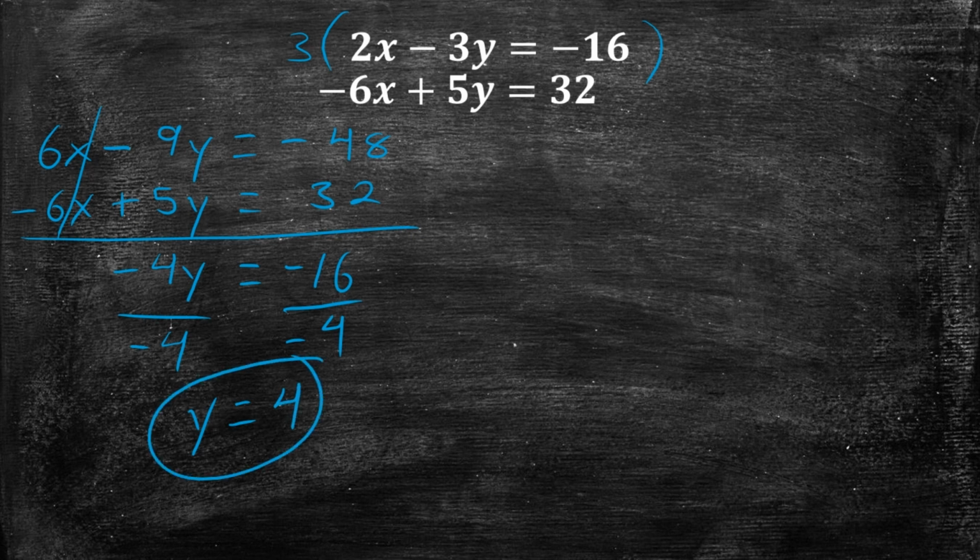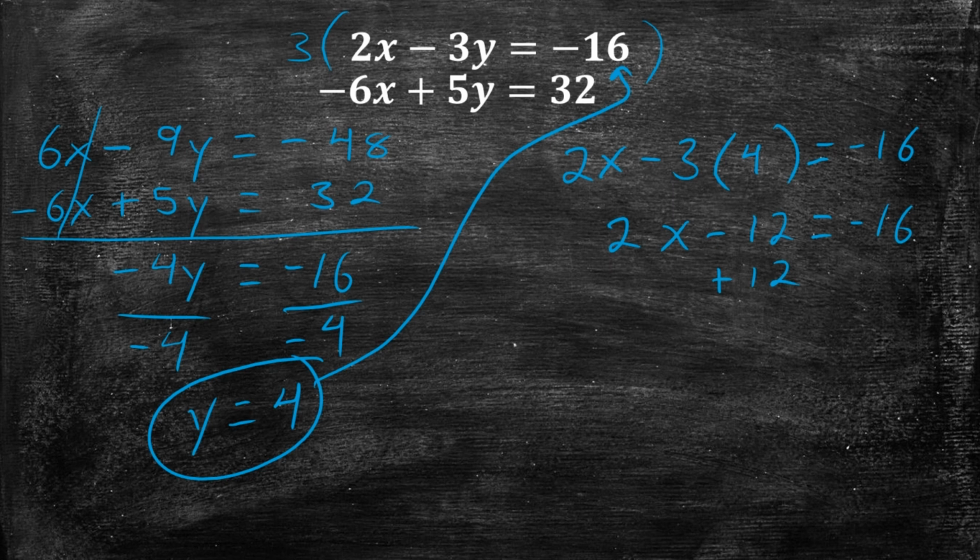Now what we have to do is plug this y into any one of those equations. I'm going to plug it into the first one here. So we are going to have 2x minus 3 times y, which is 4. And that is going to be equal to negative 16. So we have 2x minus 12 is equal to negative 16.